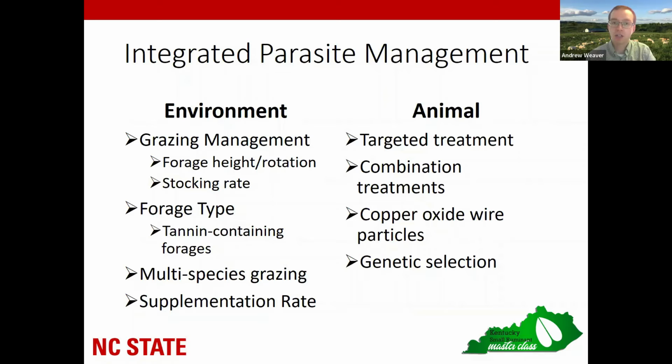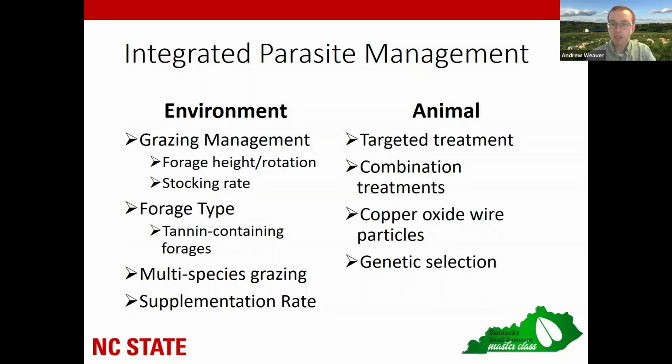From an animal side, we can use targeted selective treatments. By only treating those animals that need treatment, we retain what we call a refugia population, and our dewormers might maintain a greater level of effectiveness. We can also use combination treatments, and this is now the most recommended practice.